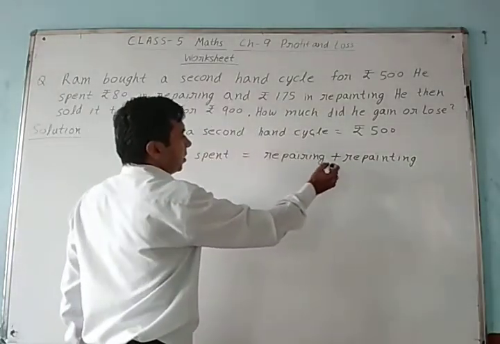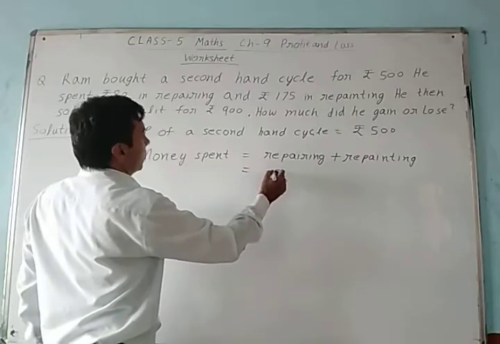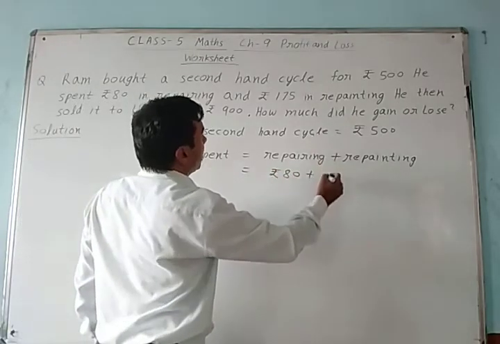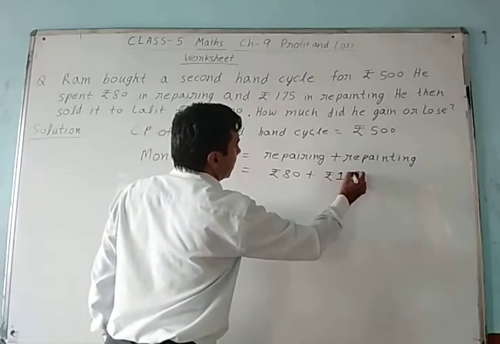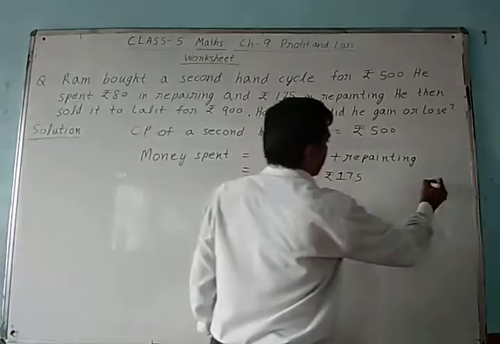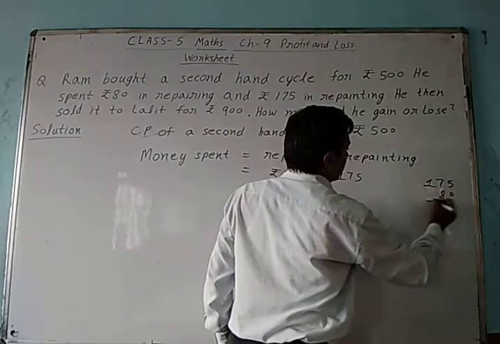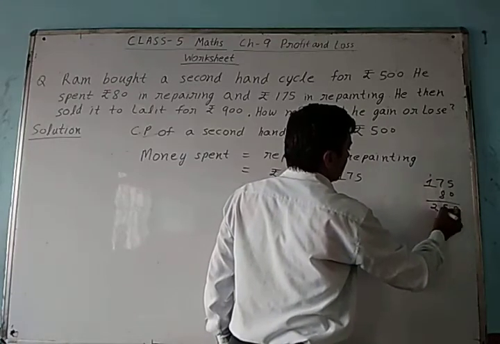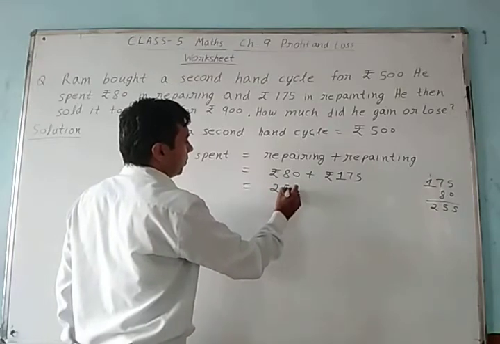Money is spent on repairing and repainting. Repairing rupees 80, repainting rupees 175. Add 175 plus 80: 5, 7, 15, 255. So student, 255.